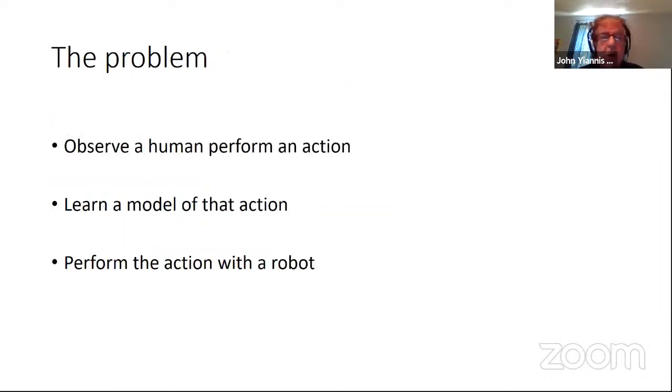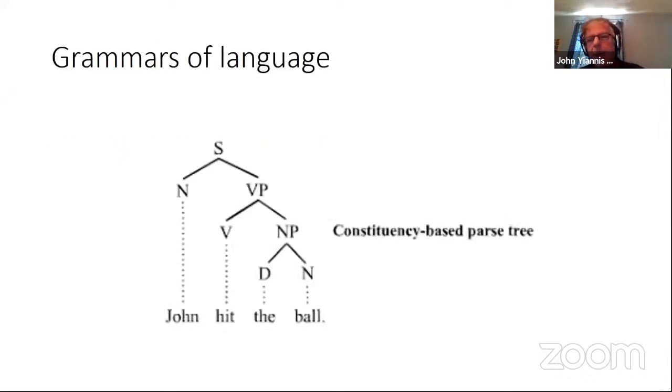So the problem we'll look at today is we observe a human perform an action. So we have visual information. Then we learn a model for that action. And then we perform the action with a robot. So we've been working on this problem using basically grammatical constraints, like you have grammars for language.